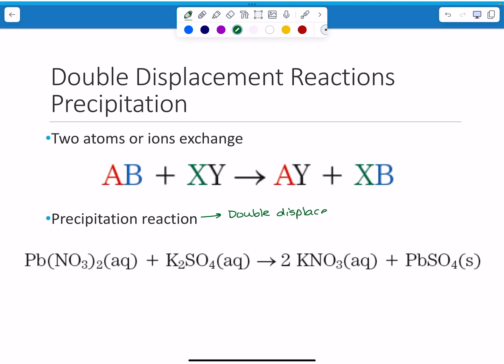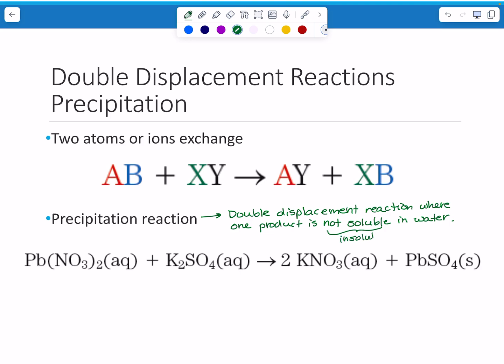So you get a double displacement reaction where one product is not soluble. It means it does not dissolve in water. So the word we use for not soluble or not dissolving is insoluble.